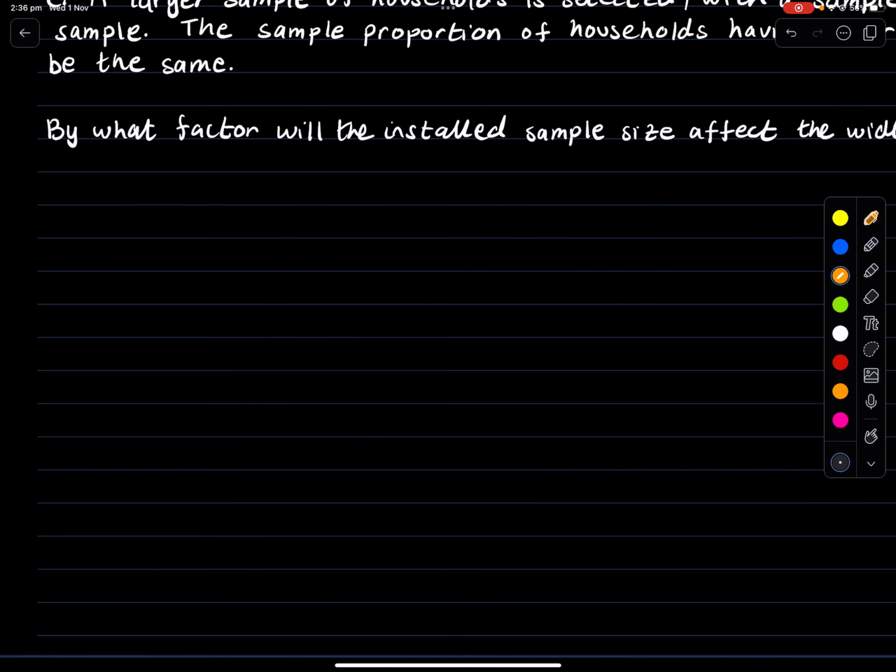So our width. What's the width of a confidence interval? It's just this part over here, z times the square root of p hat 1 minus p hat over n. That's your actual width.